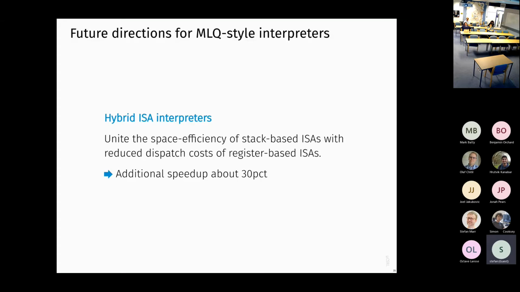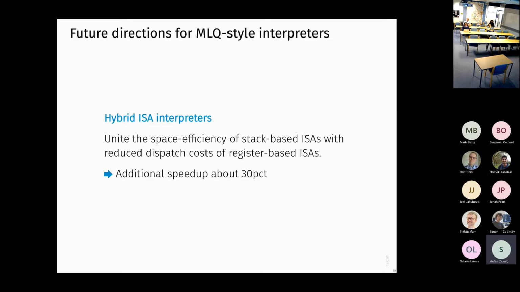So what you can do easily is, now we have basically three levels of multi-level quickening. First, the inline caching, then the multi-level quickening, then the super instructions. But you could easily have another level before the super instructions that replaces the stack-based instruction set architecture with a register-based instruction set architecture.